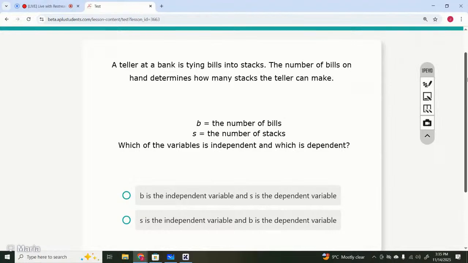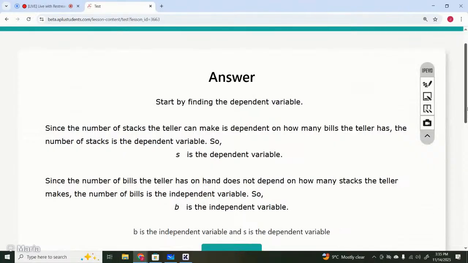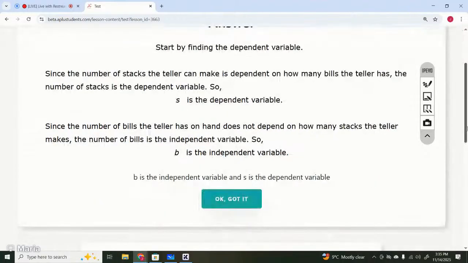So S is the independent variable and B is the dependent variable. Option number 2 is the correct option. Oh, S is the dependent variable and B is the independent variable. Got it?